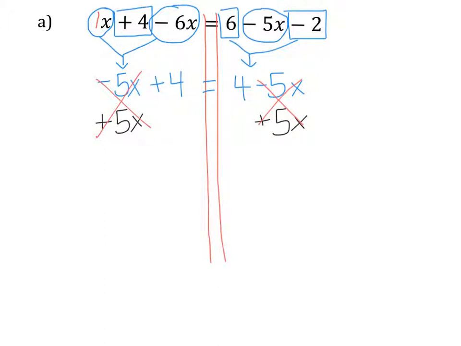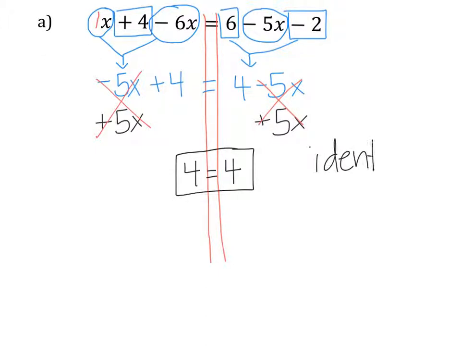What I've got left is a positive 4 on the left and a positive 4 on the right. This special situation is called an identity. It's not as important that you know it's an identity, but what's really important is that you know what the final answer for this problem is.